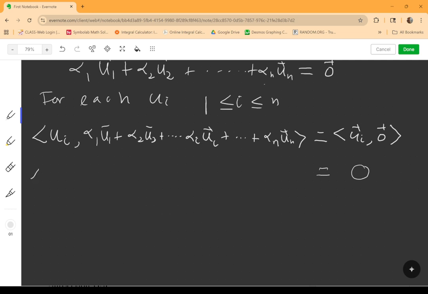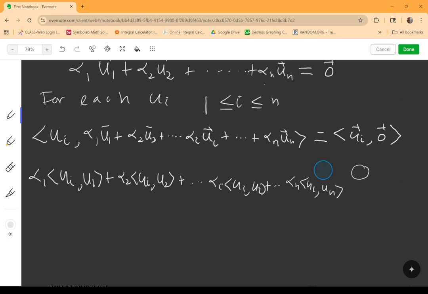So I can write this as alpha 1 ui u1 plus alpha 2 ui u2 plus alpha i ui ui plus alpha n ui un.